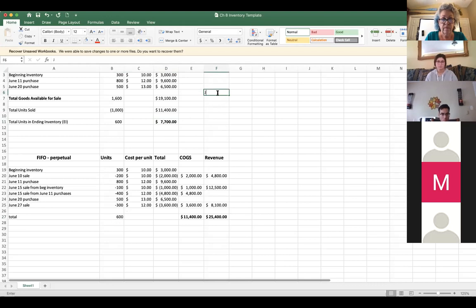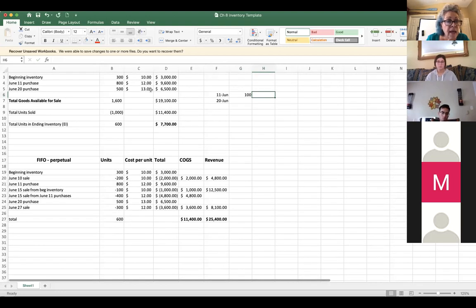June 11th and June 20th. And how many units from June 11th were still available for sale? 100. And that was at a cost of $12.